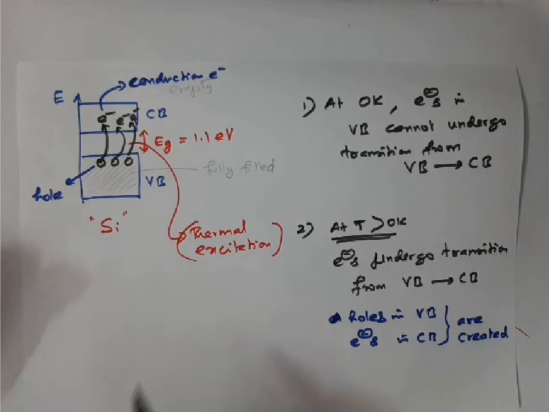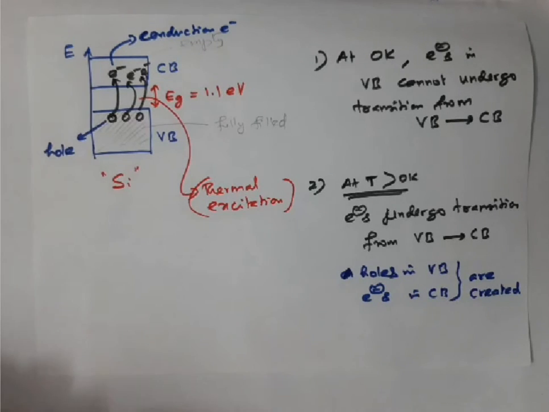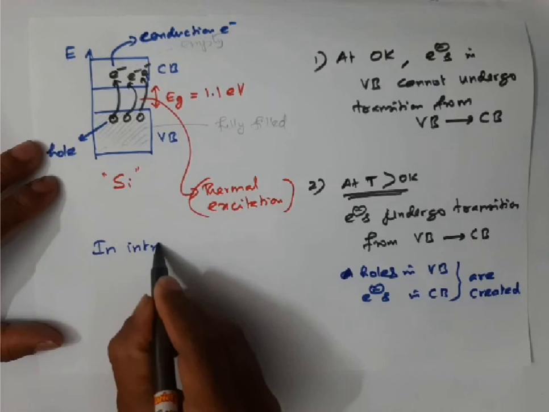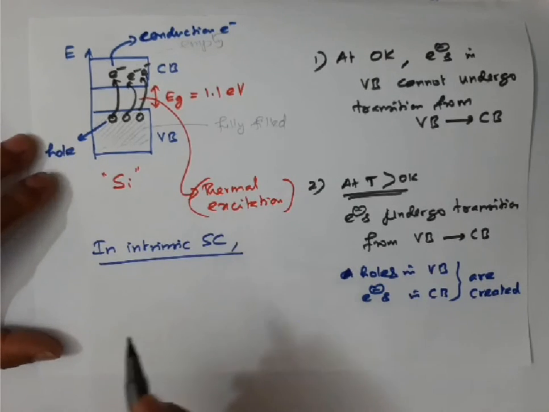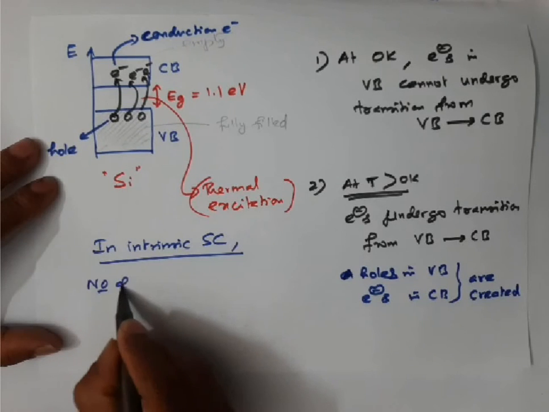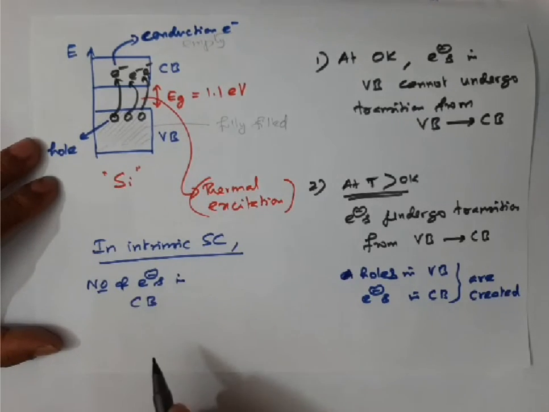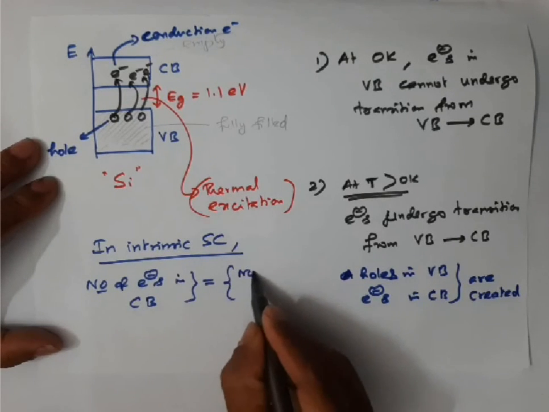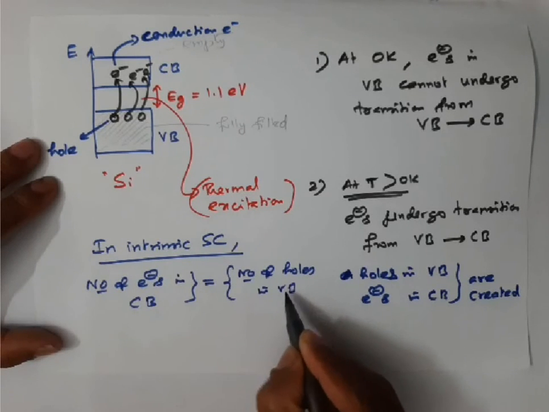So now, listen, in intrinsic semiconductor, this is a very important point you should keep in mind. In intrinsic semiconductor, number of electrons in conduction band should be exactly equal to number of holes in valence band.